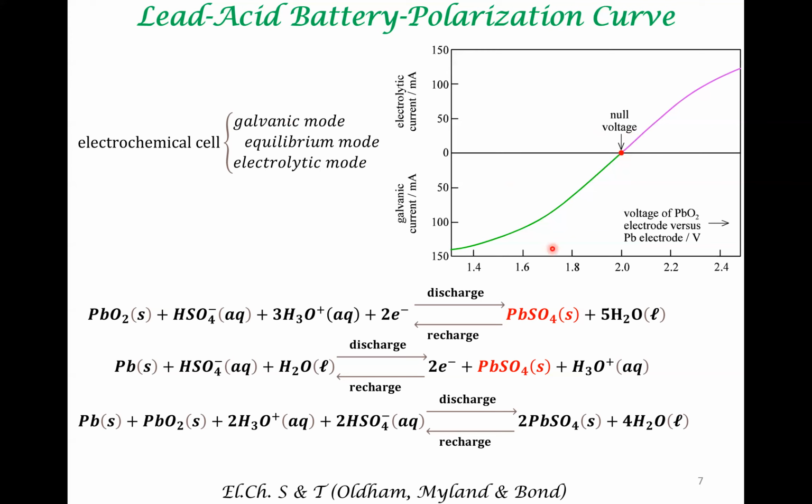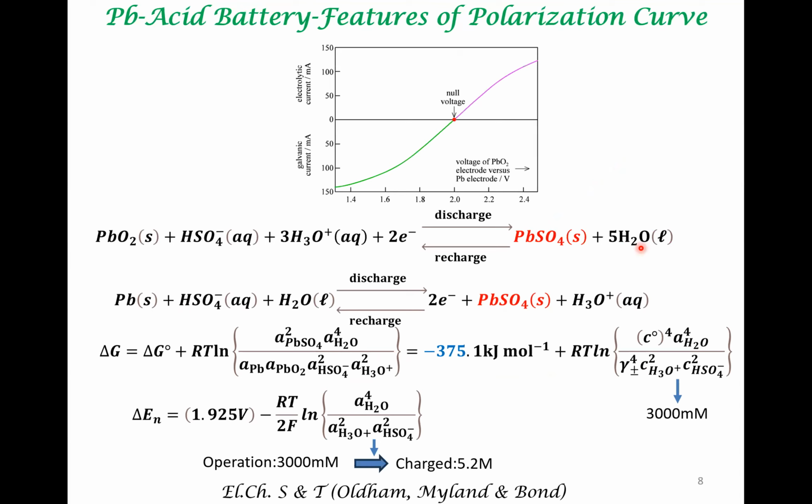So this is to be understood, and try to correlate this with the charging and discharging reaction, and also the expressions for delta G, which we discussed in the previous slides. So some more features.